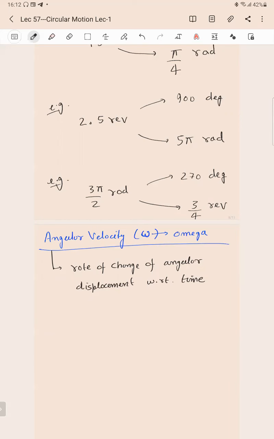In the similar format, you will also get angular average velocity and instantaneous velocity. Both the things you will get in the similar format. Like you got it for linear velocity, you will get average and instantaneous for this as well.